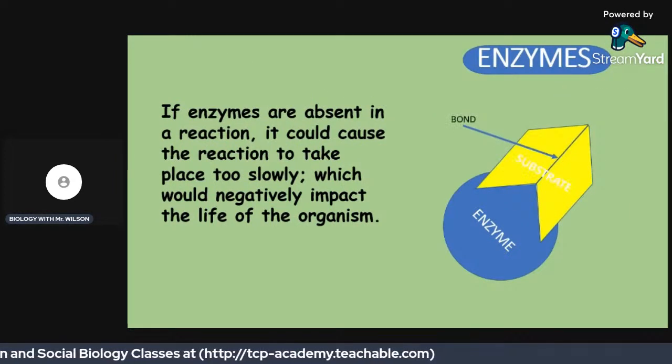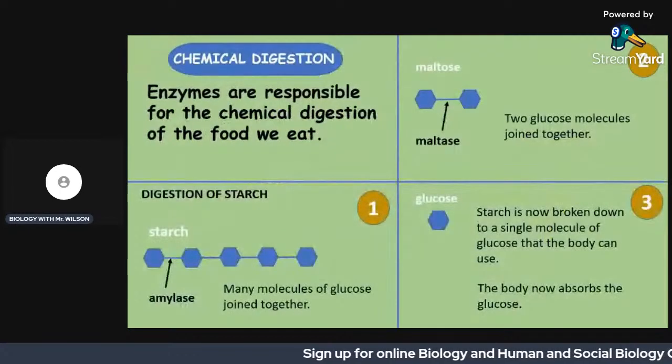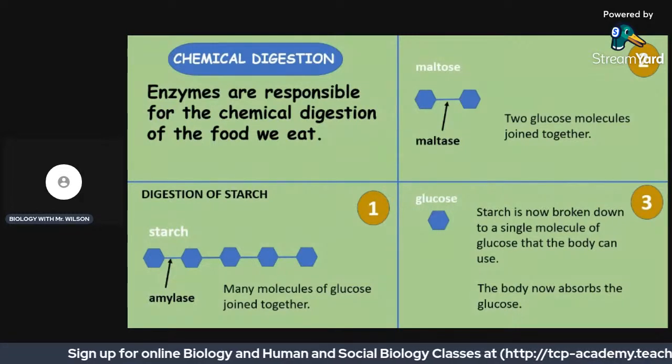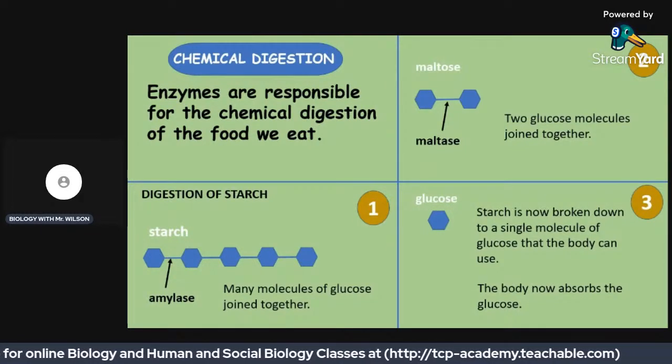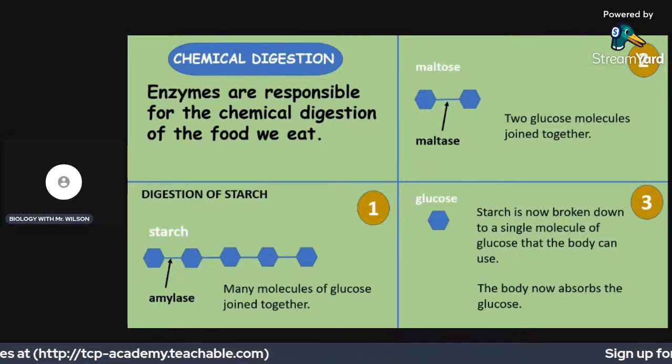The enzyme reacts with the substrate in order to break the bond that the substrate has. Let's look at a reaction. Enzymes are responsible for chemical digestion of the food we eat. Starch is made up of many bonds of glucose. These bonds are broken by the enzyme amylase.